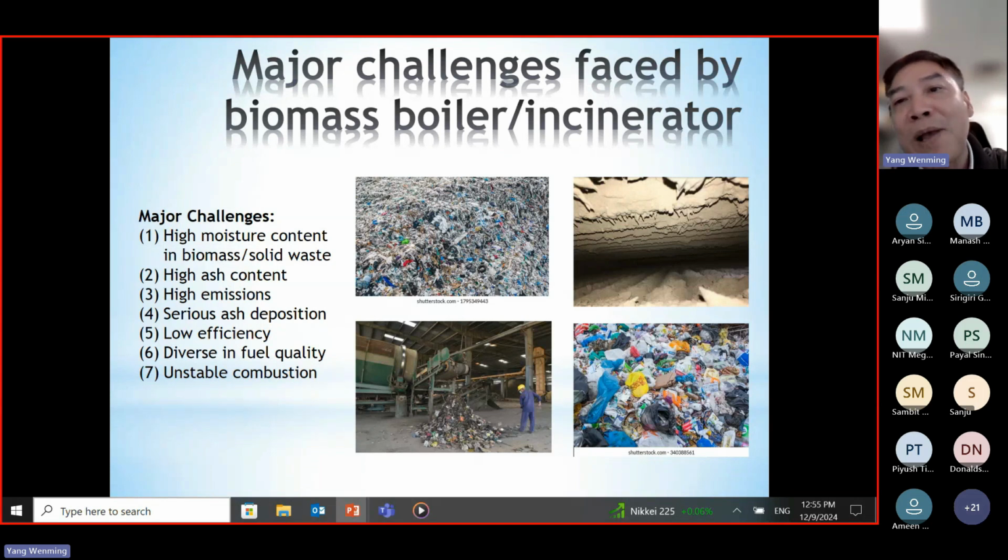So all this will affect the fuel properties, the combustion process, and the efficiency. As a result, the combustion process becomes unstable. If you supply good quality fuel, then the combustion process is very good. However, if you supply poor quality fuel, then the combustion process cannot be sustained. So these are all the major challenges faced by the biomass boiler or incineration system.